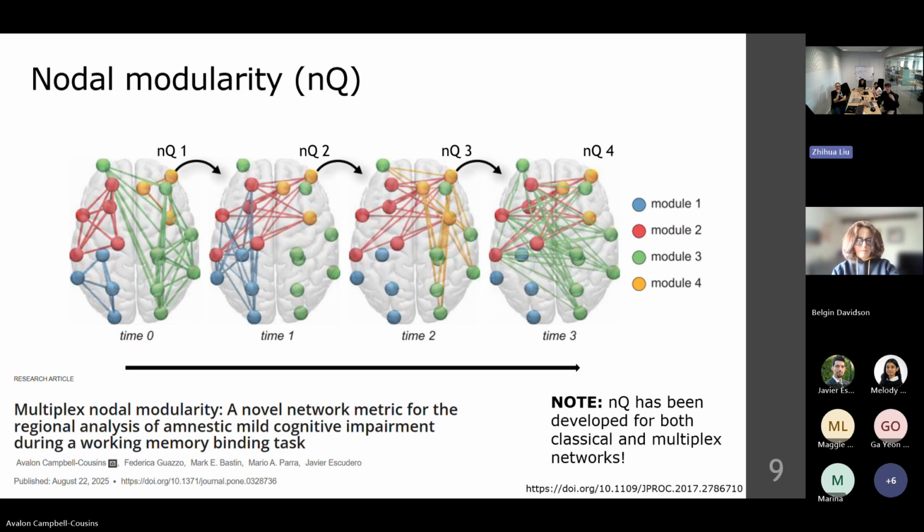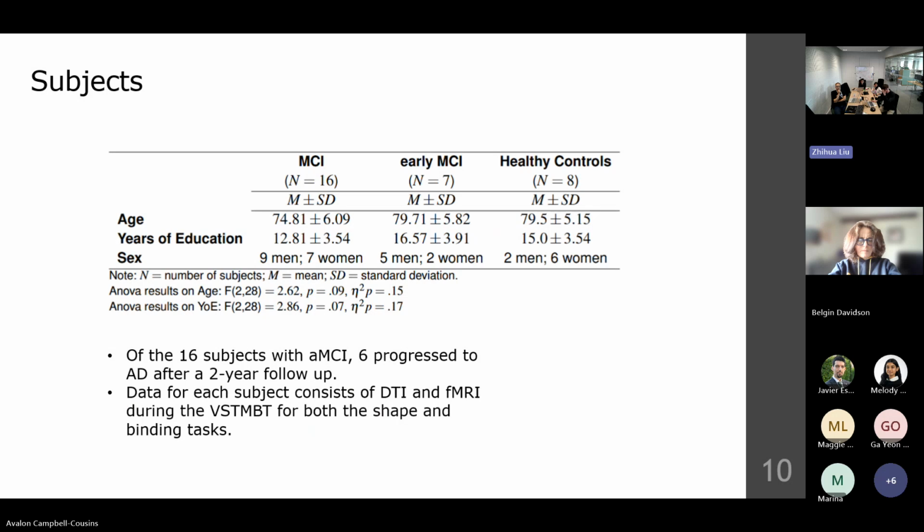And so we looked at this in a neuroimaging cohort, a pretty small one, I must admit. But the important thing to note is that we have healthy controls, people with early mild cognitive impairment, and then 6 of our subjects after a 2-year follow-up progressed to Alzheimer's disease. So we have these MCI converters, MCI, early MCI, healthy control. And for each of these subjects as well, we have DTI measuring that white matter structure, as I mentioned, and fMRI for 2 specific tasks.